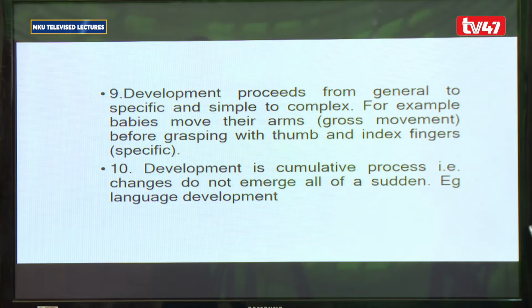Number 10, development is cumulative. So when we say it's cumulative, it simply means that the changes that we observe in a human being as they grow and develop do not emerge all of a sudden. It's a series or a collection of so many small minimum changes put together to come up with the change that you see. Even when the child speaks his first word, what do you think the baby's first word is?